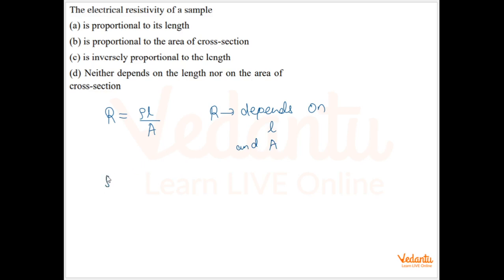But rho, which is the resistivity, is actually a material property. Its value depends only on the type of material and the temperature of the material.